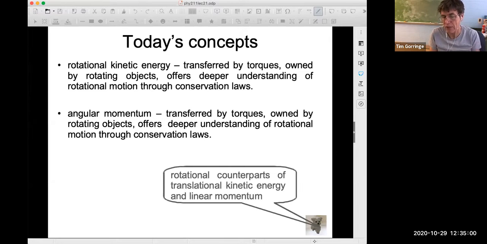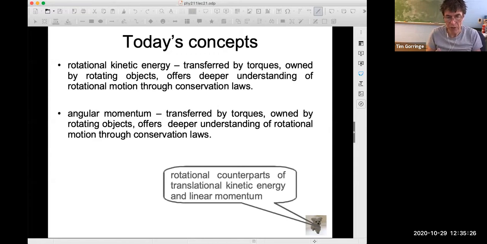I'm now going to call it linear momentum. Rotational kinetic energy and translational kinetic energy are the rotational and translational counterparts of energy by virtue of movement. And angular momentum and linear momentum are the rotational and translational counterparts of momentum by virtue of movement.